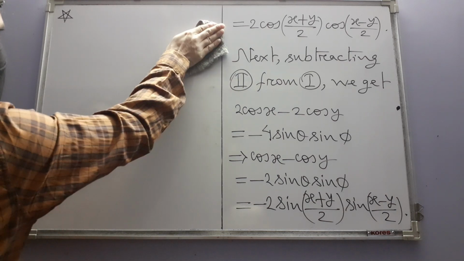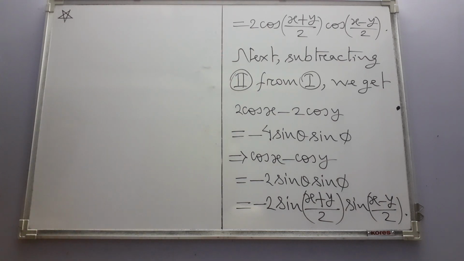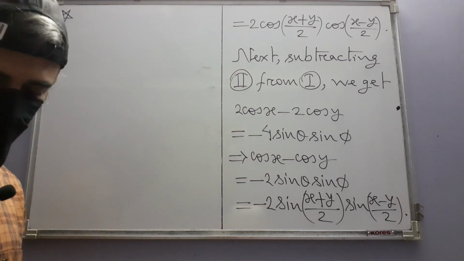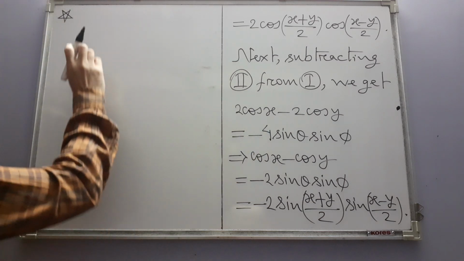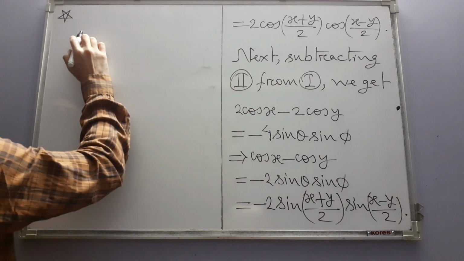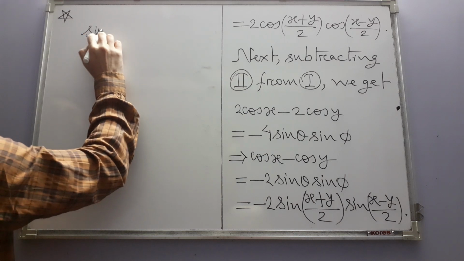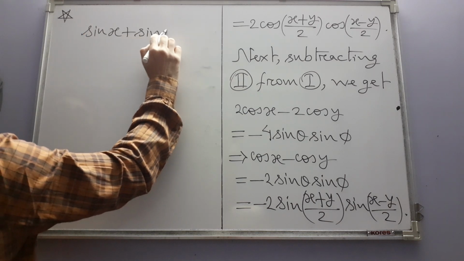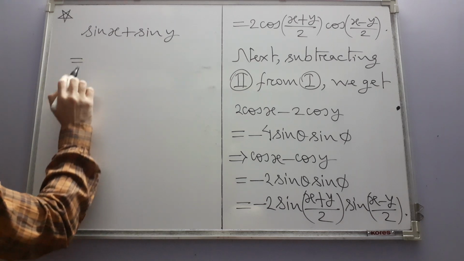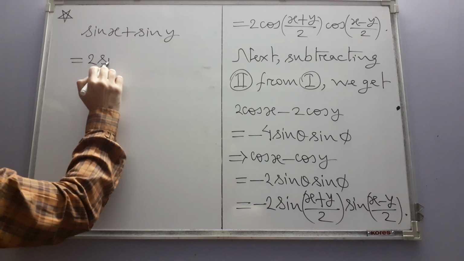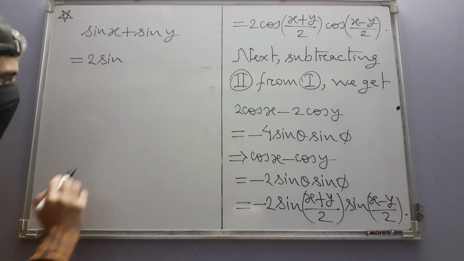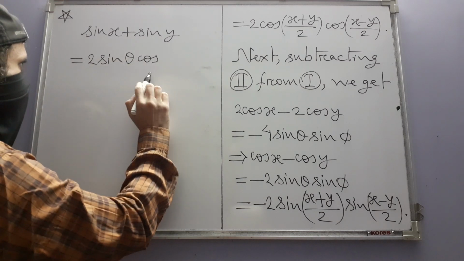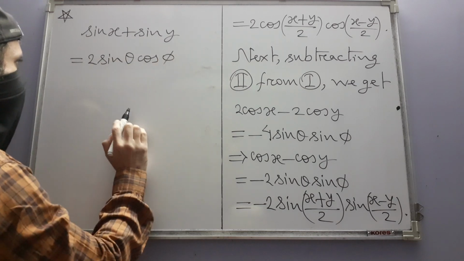Now to see what the third and fourth are, we have to do a little rough work because we do not have them here. The third one was this: sin x plus sin y equal to 2 sin of x plus y over 2, that means theta, times cos of x minus y over 2, that is phi.